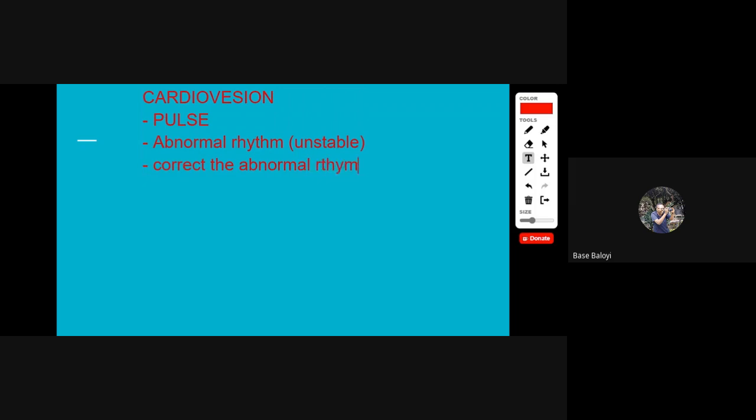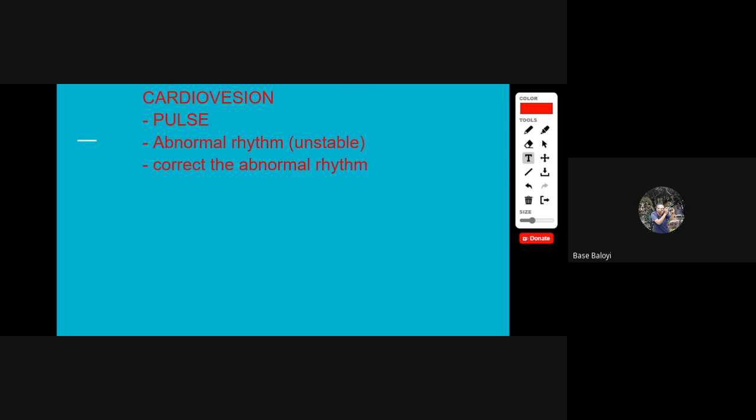There's just one thing I forgot to say before we continue. Remember, cardioversion, we have a pulse. Defibrillation, your patient does not have a pulse, right?